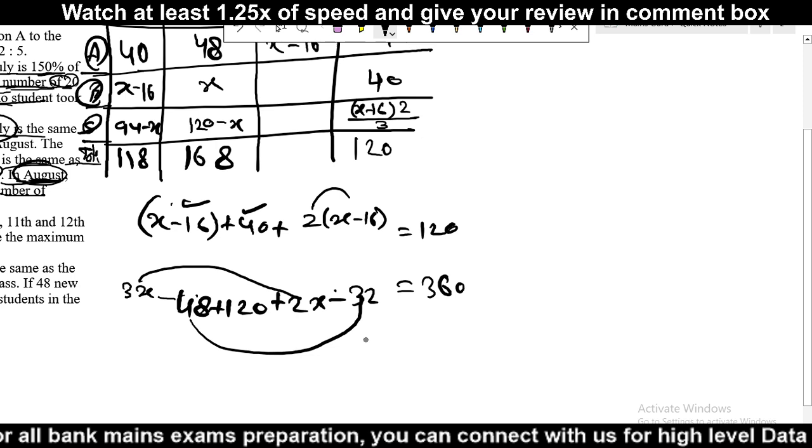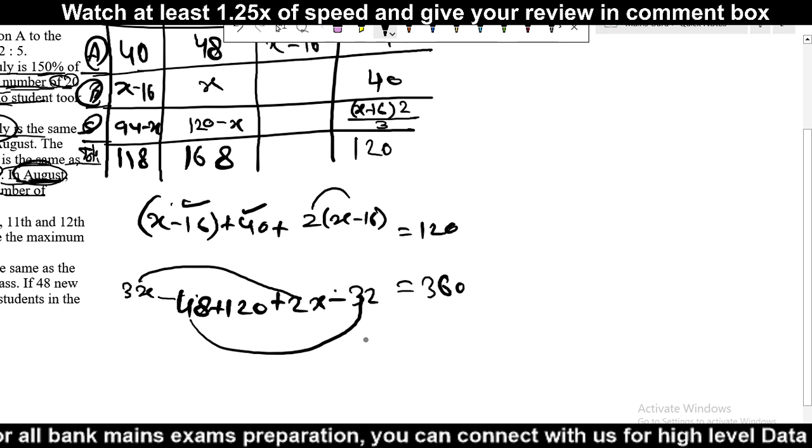Same goes here, same for here and same here. This is 48. Now subtract 64 from 120, this will give us 56. If we subtract 64 from 94, then this will be 30.